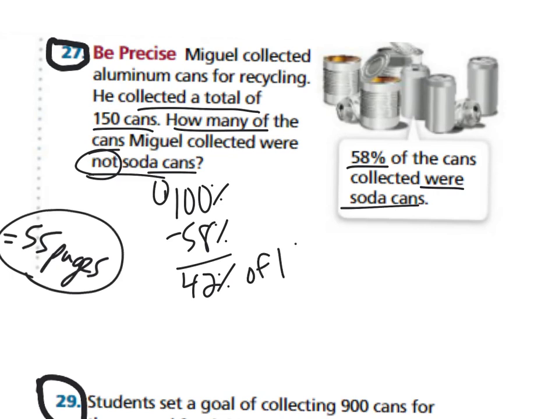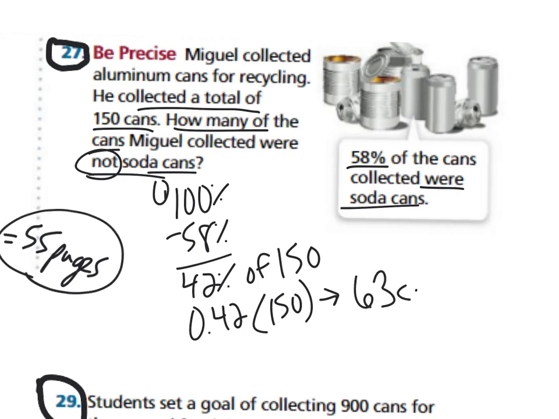That's 42% of 150. And if you work that out, that is 63 cans. So 63 cans are not soda cans.